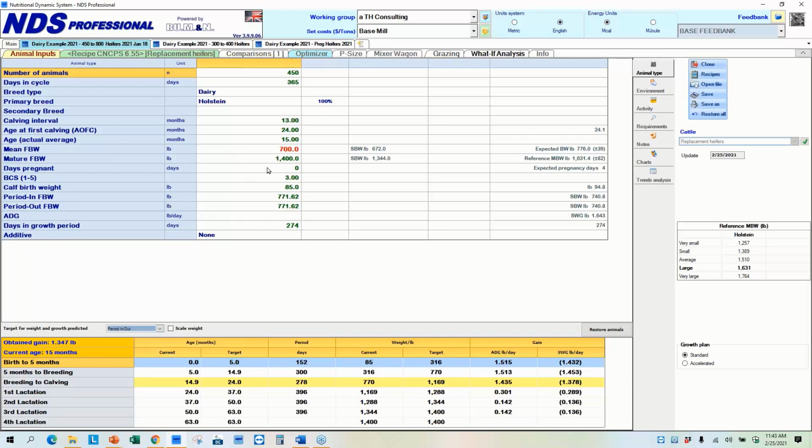So if my period in was coming in at 400 pounds or 375 even after weaning, and I was going to get the animals out of here at 900, then what the program will do is it will assign this as an average for this range of animals. And so then what happens is any variance off of that can cause me problems.